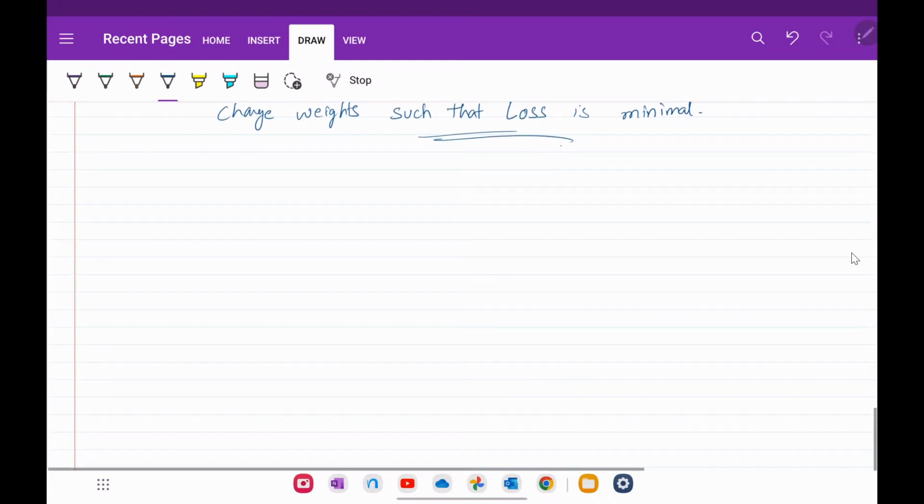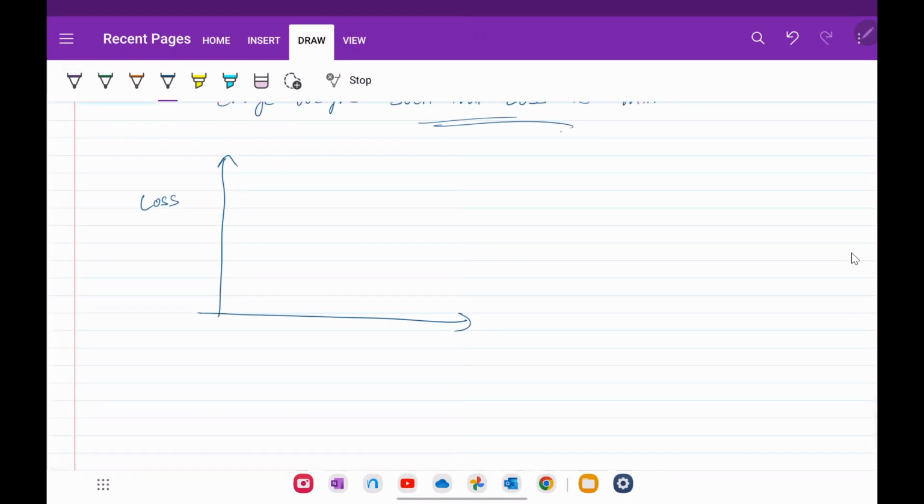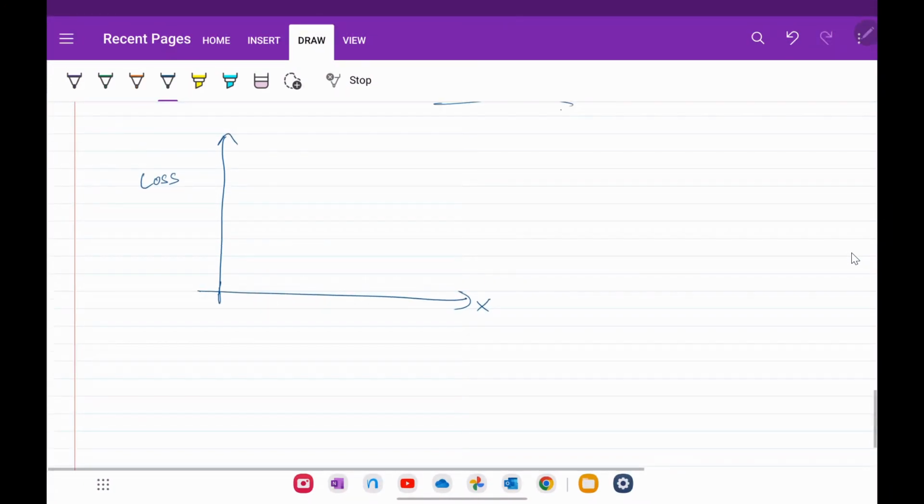Let me take another example in which we have loss on one axis and weights on the other. With one set of weights, we got a loss of maybe something around 10.